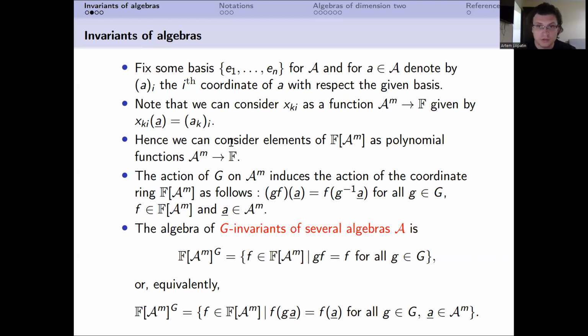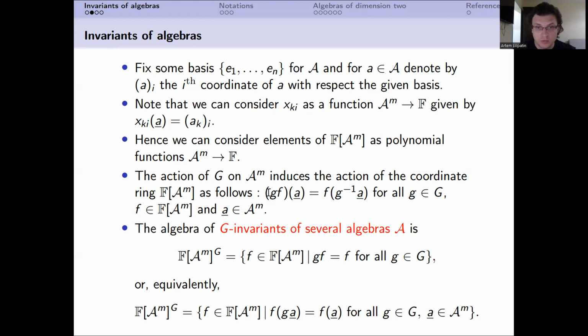This presentation is important for us because by doing it, we may define the action of a group G over this coordinate ring. The definition is a standard one, and it is explicitly written here. We have f, some element from the coordinate ring, g an element of the group G, and a some element from the direct sum of several copies of the algebra A. Then the result of the action of g over f is written here.